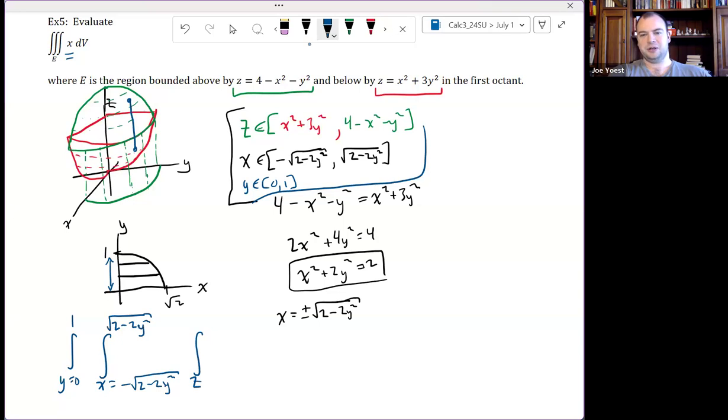And then z is the innermost. And I'm integrating x, dz, dx, dy.